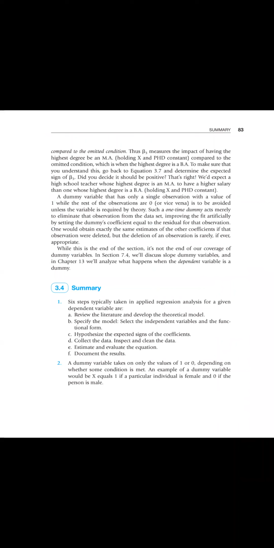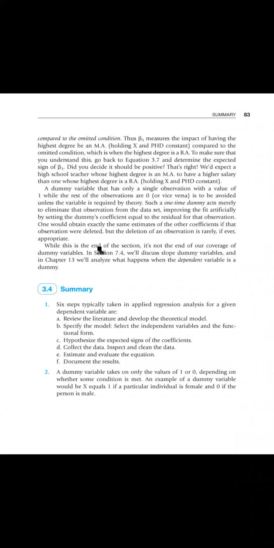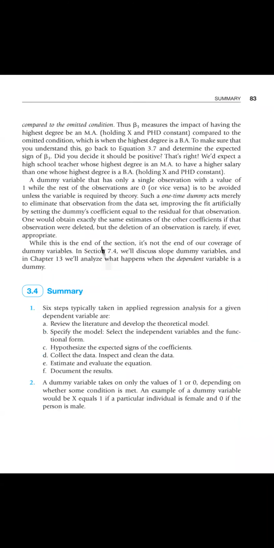So just a reminder, a summary, since we picked this up from the middle. We first of all discussed the 6 steps typically taken in applied regression analysis for a given dependent variable. And we said what you need to do before you come to the conclusion that you have done a good job with your regression analysis: make sure to have reviewed the literature and developed a theoretical model, and then specified the model, which is the selection of independent variables and the functional form.